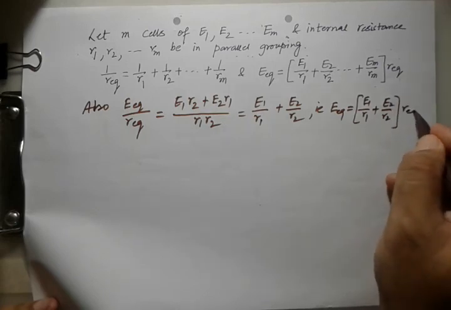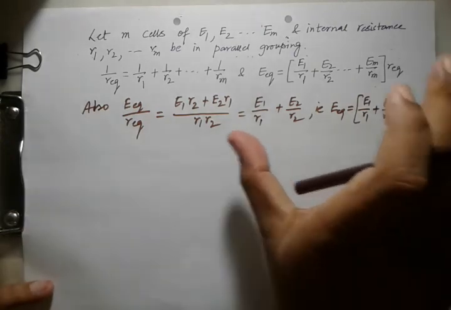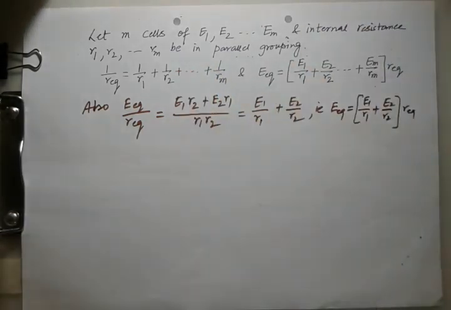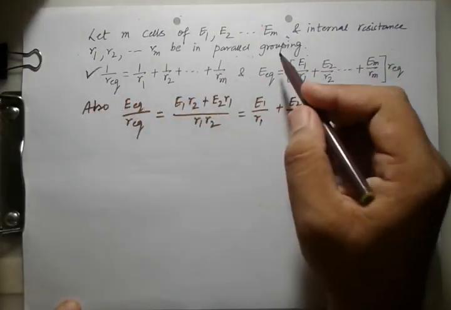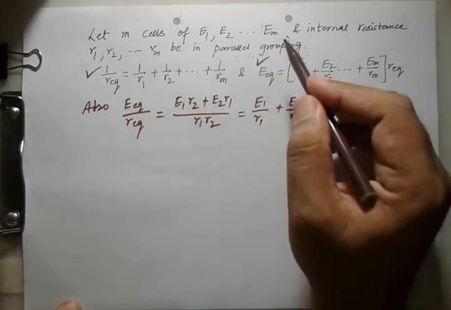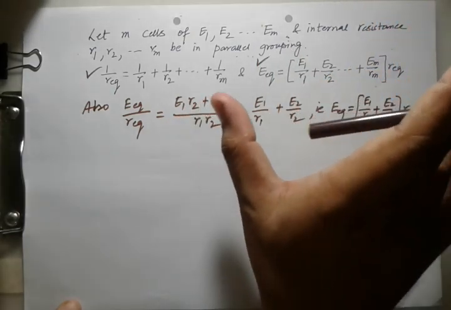Like this way, whatever we proved previously, the formula has come. So generalizing M cells of EMF E1, E2 and so on, with R1, R2 in parallel grouping, you can write this. This is the equivalent internal resistance, and this is the equivalent EMF. So that is the actual thing.